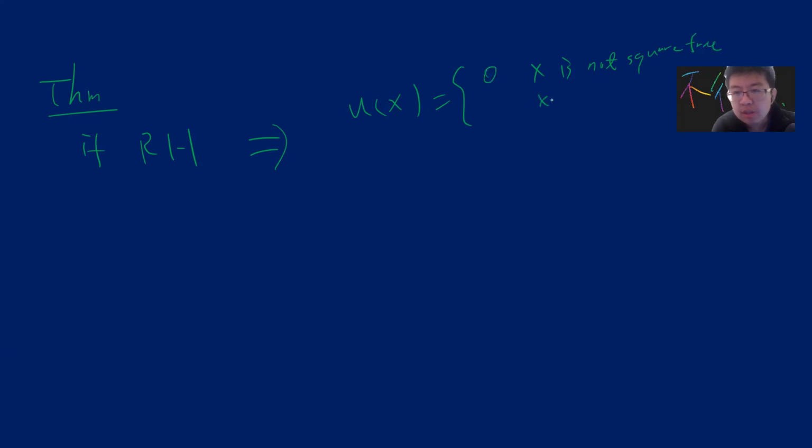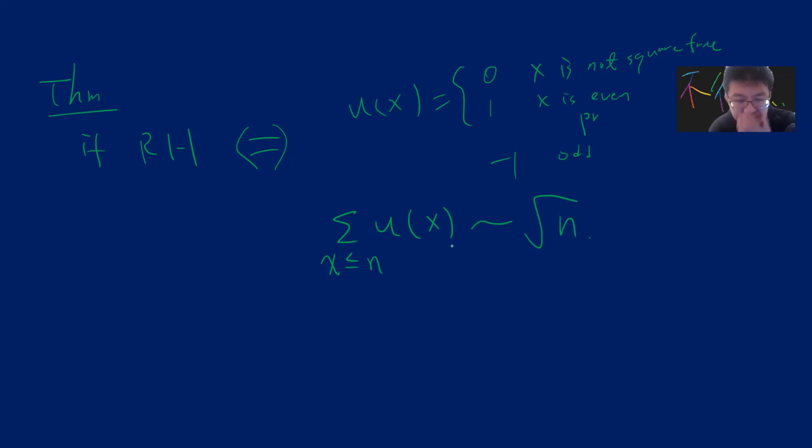If x has an even number of prime factors, I define it as 1, and for an odd number of prime factors, -1. The theorem says that if the Riemann hypothesis is true, then if you sum over this up to n, it will grow like square root of n. Okay, so I will prove this.